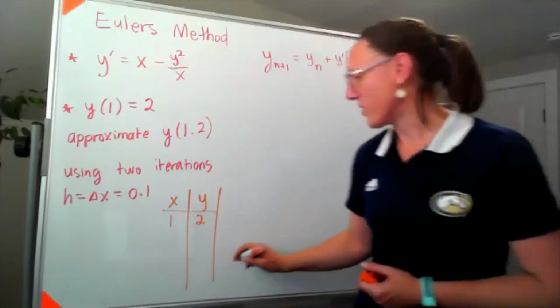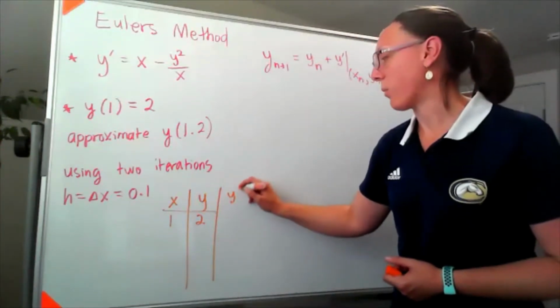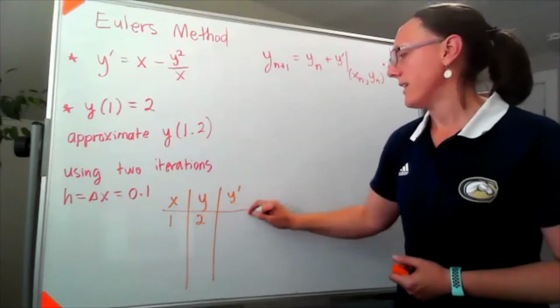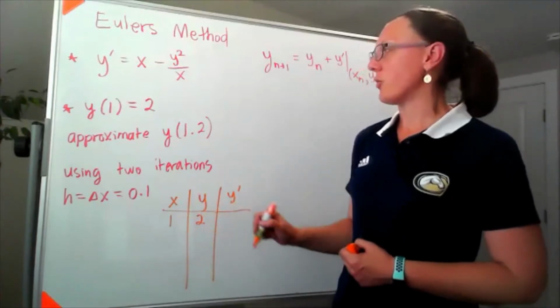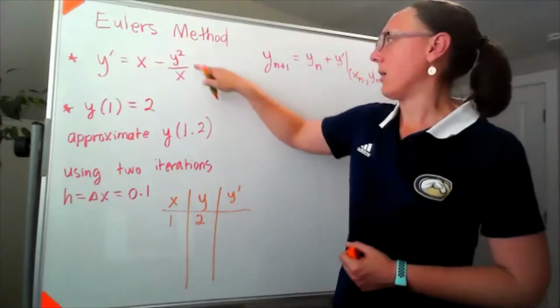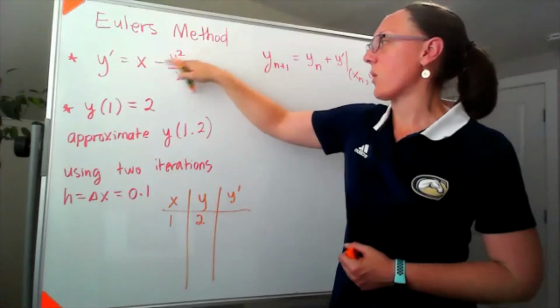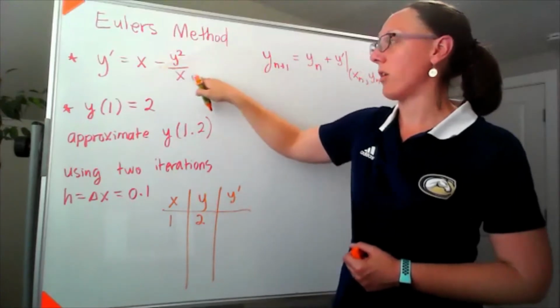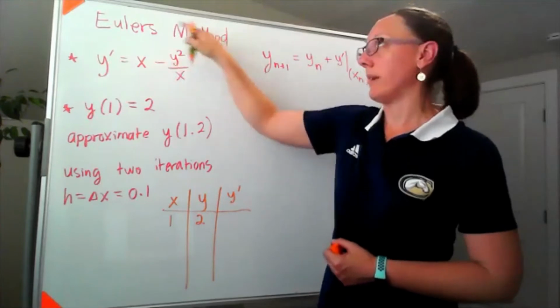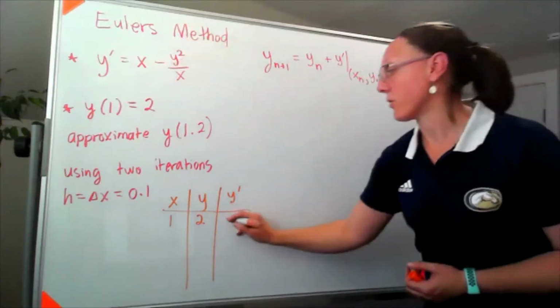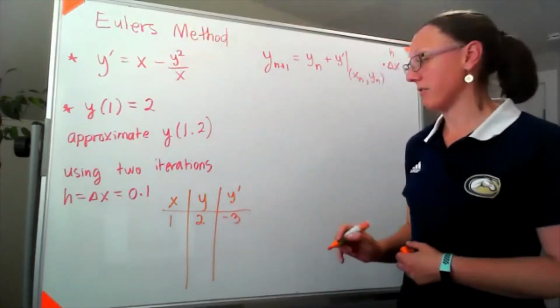And I need to know now, what is y prime at this point? If I plug in 1 for x and 2 for y, 2 squared is 4. So I'll have 1 minus 4 over 1, or 1 minus 4, so that's negative 3. So my y prime is negative 3.